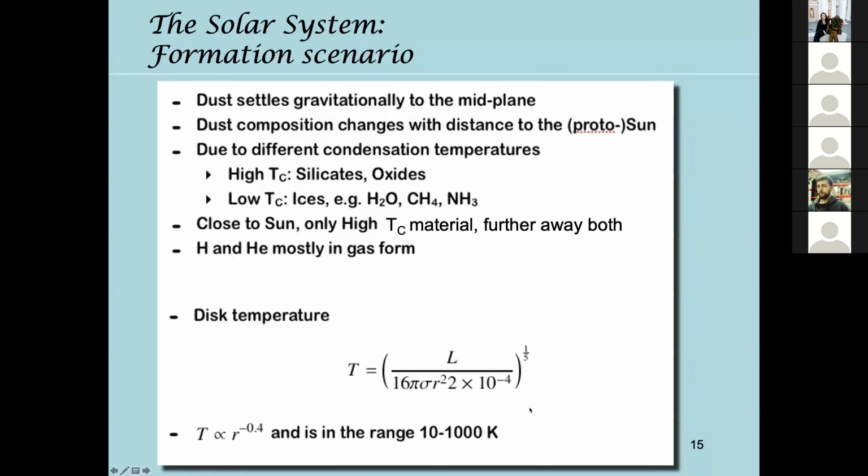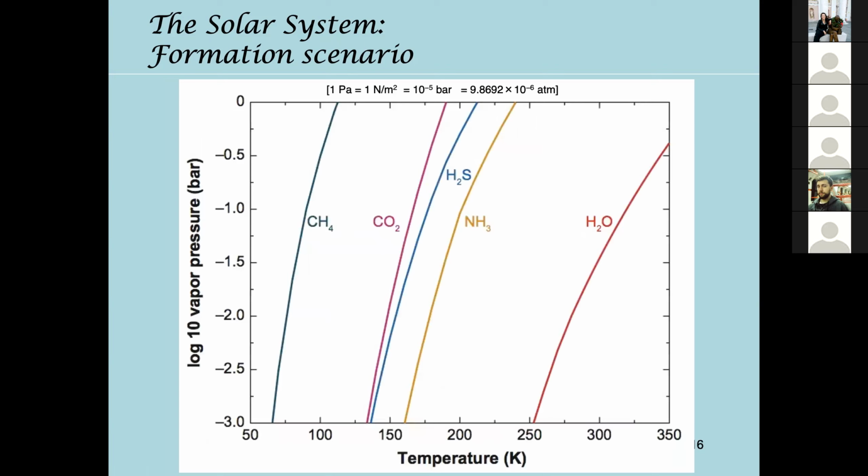So it goes in the range of about 1000 Kelvin at the inner radius. Of course, if you get even closer to the star, the dust sublimates, so you don't get any solid material. But if you move to the outer part, the temperature becomes as cold as the dense regions. This is a plot showing the saturation vapor pressure for different materials.